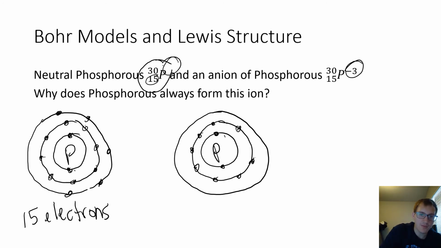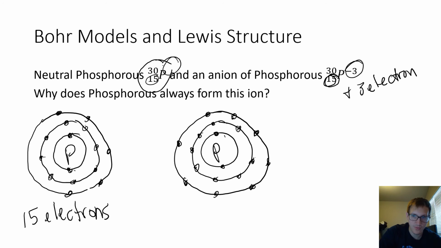So instead of having 5, I'm actually going to have 8. 2, 3, 4, 5, 6, 7, and 8. And so if you count them all, I've got these 15 plus 3 more electrons. That's what the -3 stands for. Okay, for a total of 18 electrons.